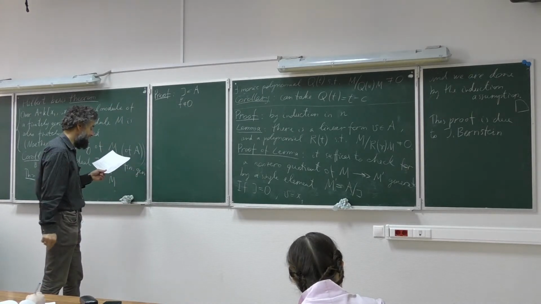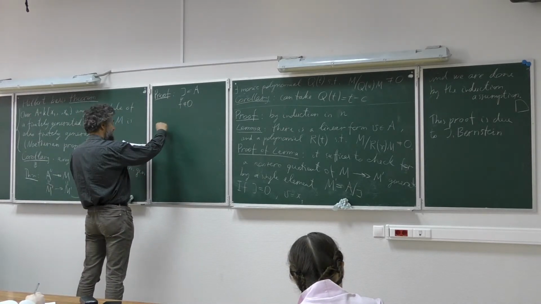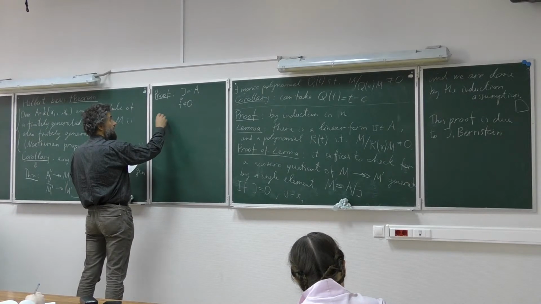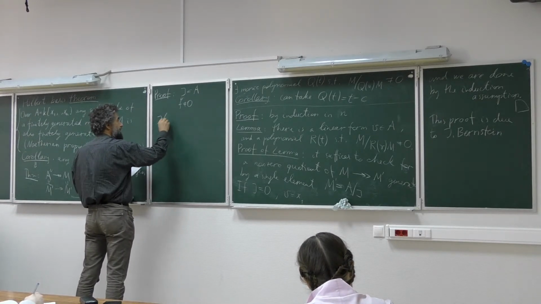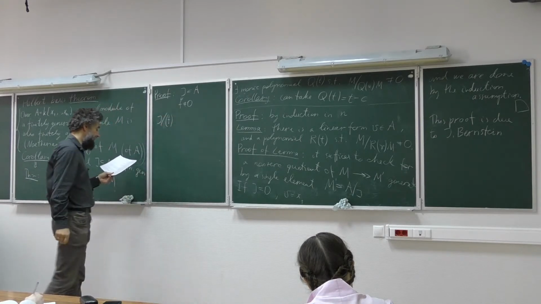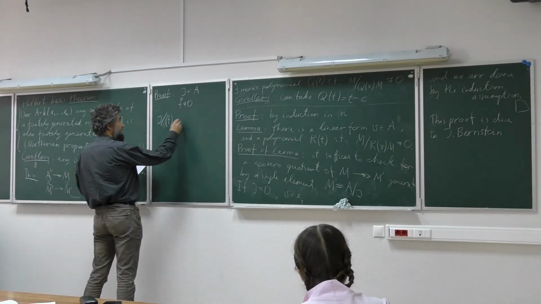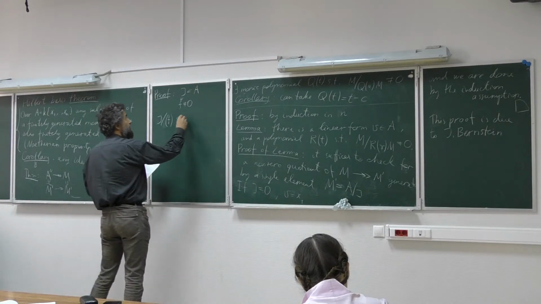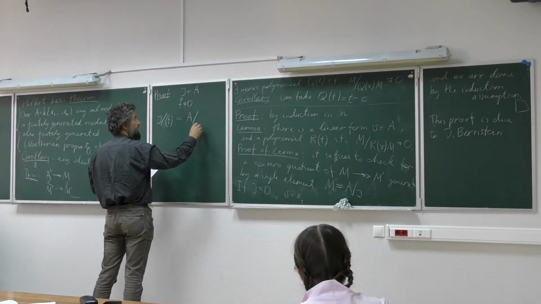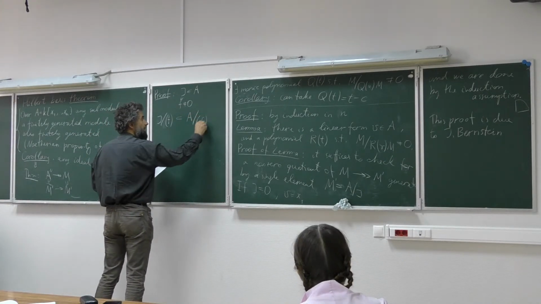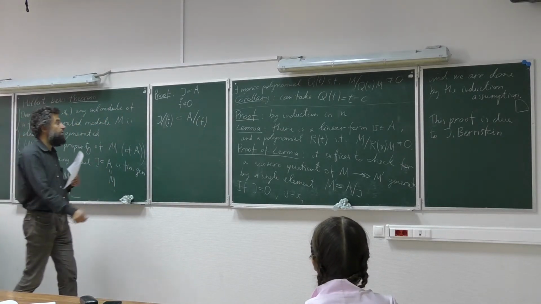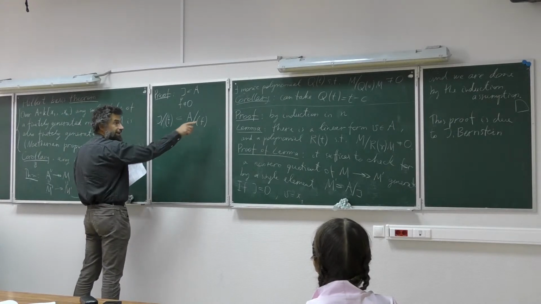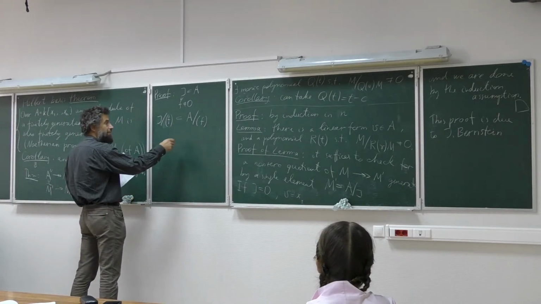And we can consider the quotient J modulo the ideal generated by f, and it is a submodule of A modulo the ideal generated by f. Okay. Now apply the lemma of Noether.